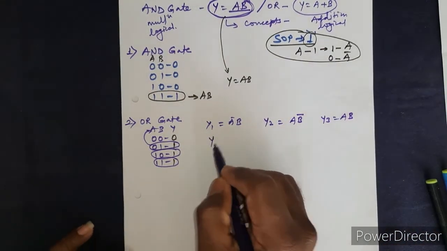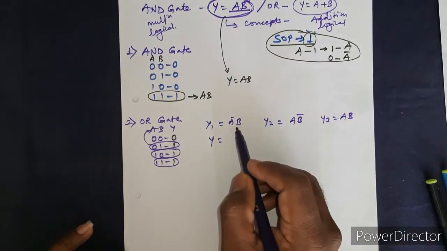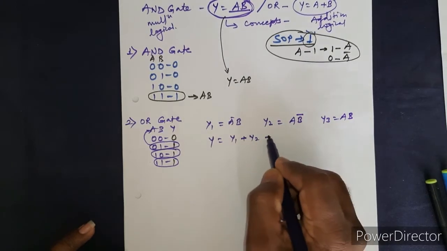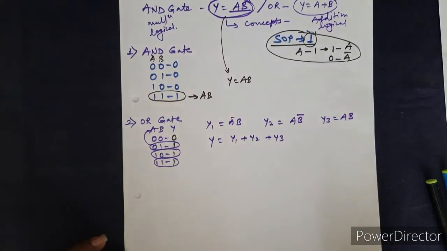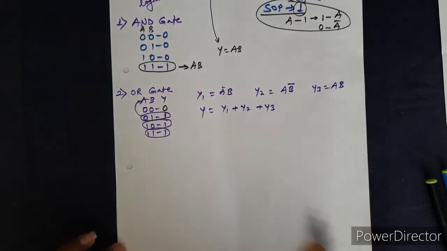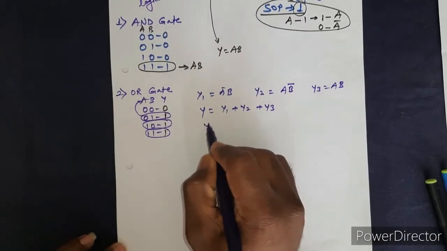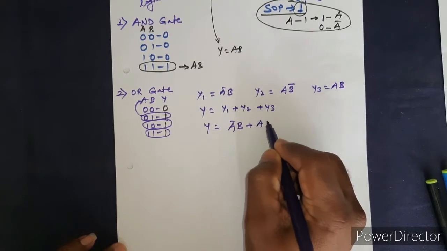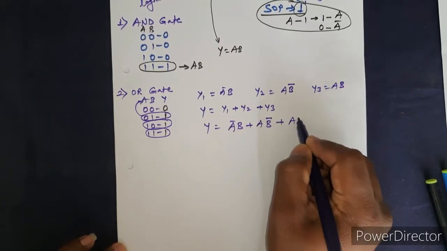Since it is SOP, we need to have the summation of all these, y1 plus y2 plus y3. So then y equal to a bar b plus a b bar plus ab.